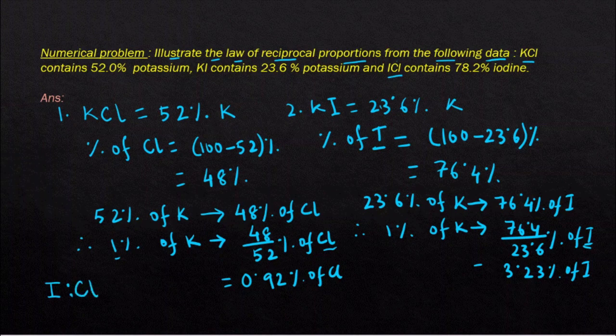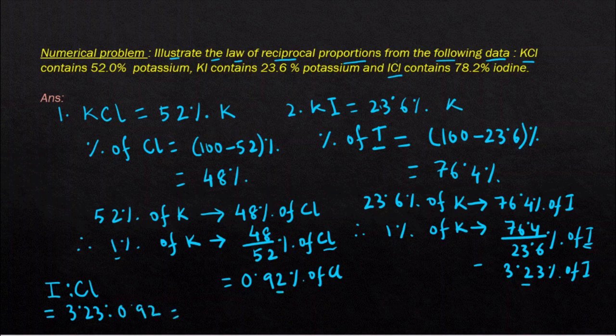Now, according to the law of reciprocal proportion, let's find out the mass ratio of iodine and chlorine when they are combining to form the third compound, which is ICl over here. From our calculations, for iodine it is 3.23 is to, for chlorine it is 0.92.